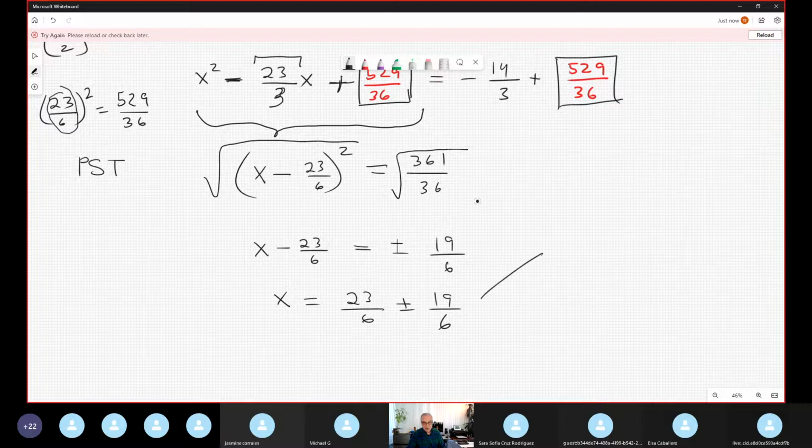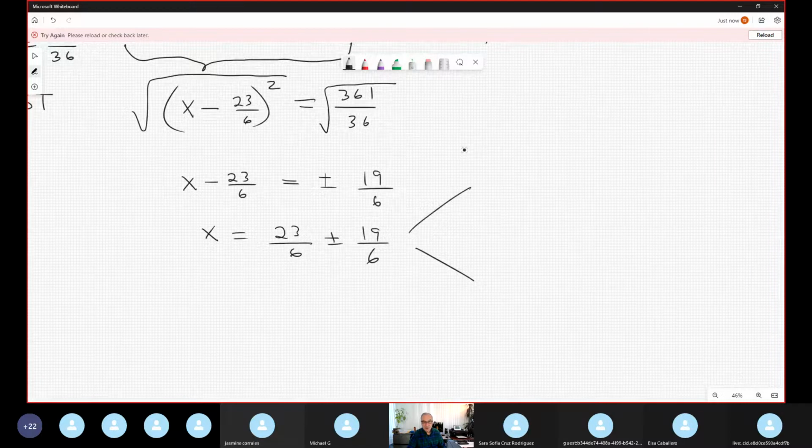And you separate into pieces. The first piece is 23 over 6 plus 19 over 6 and 23 over 6 minus 19 over 6.